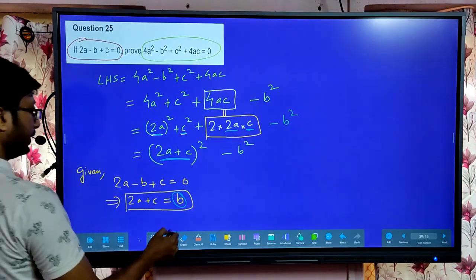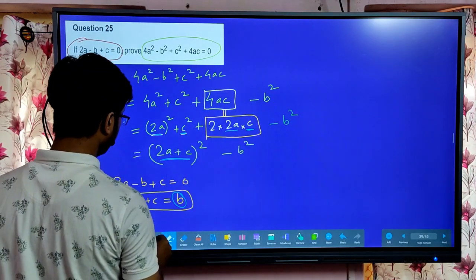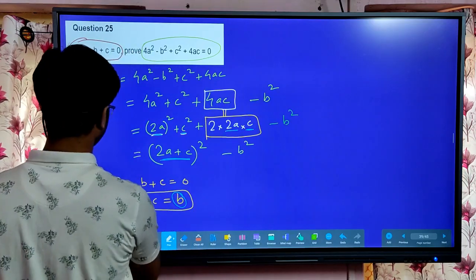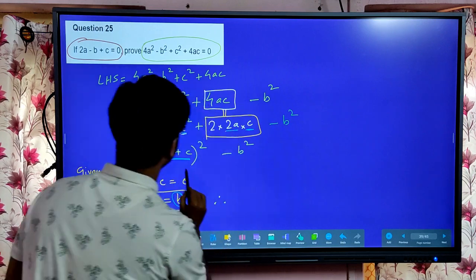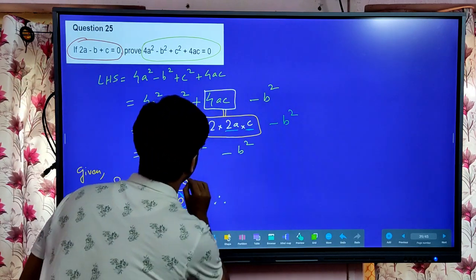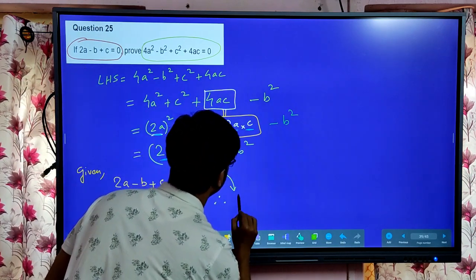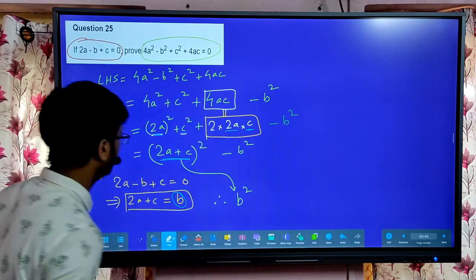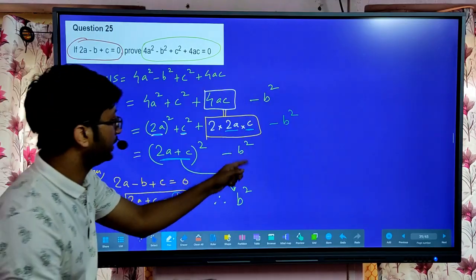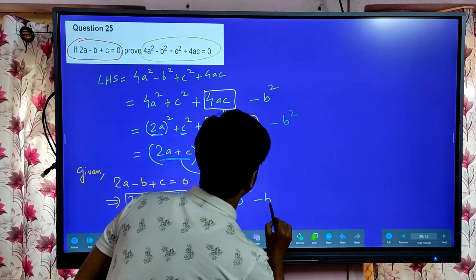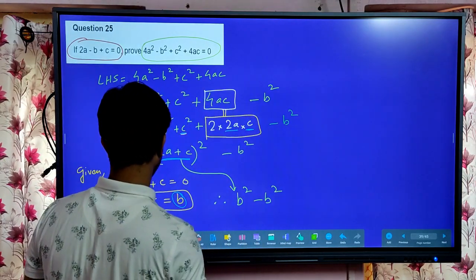Okay. So in the next step, what I will do? In the next step, therefore I can say, therefore, in place of 2a plus c, I can write over here b square, because 2a plus c equal to b. So I will replace 2a plus c with b, and this b square is this one.